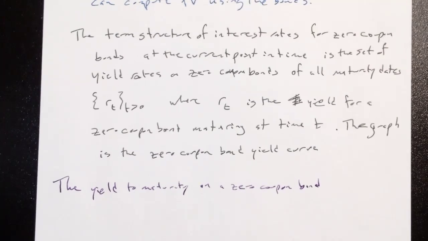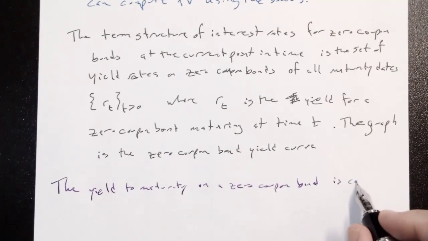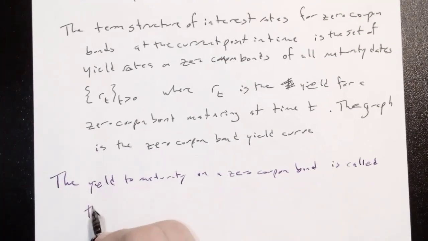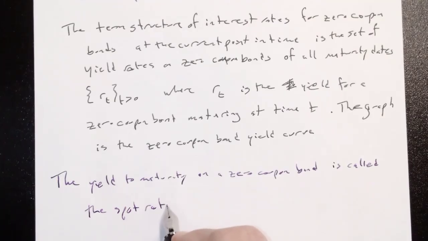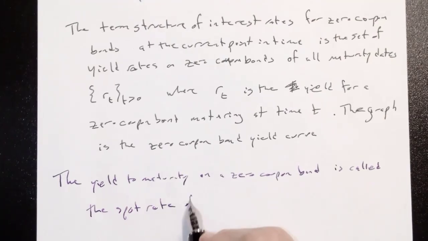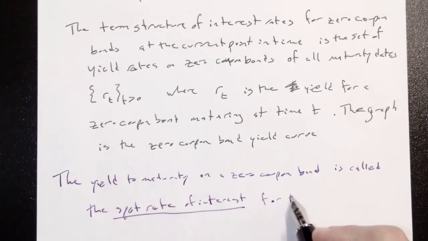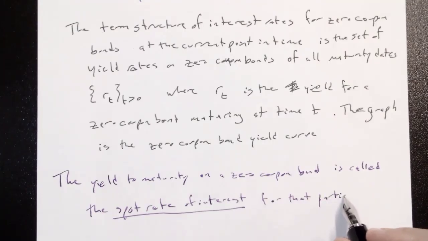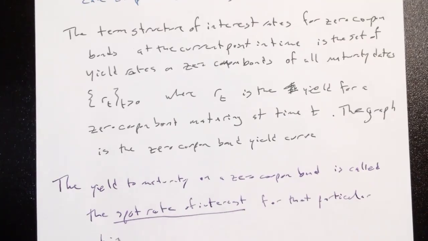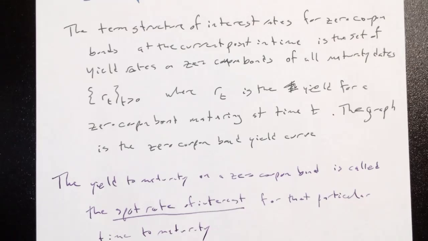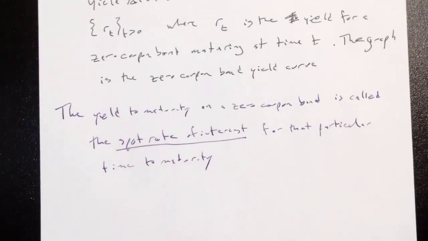So the yield to maturity on a zero coupon bond is called the spot rate for that particular time of maturity. So there'll be a spot rate for 6 months. There'll be a spot rate for a year, a spot rate for 2 years, a spot rate for 9 months. It's going to depend on the time.